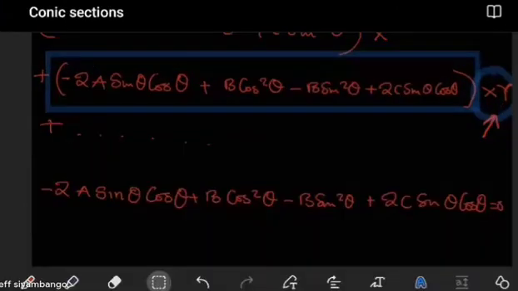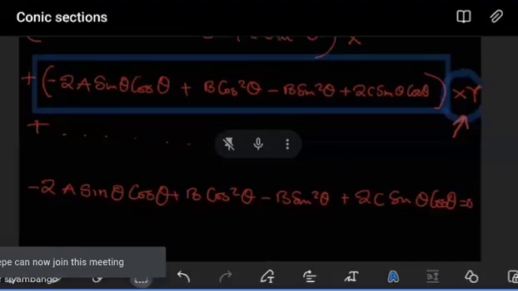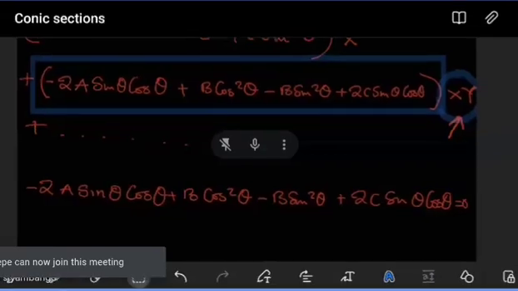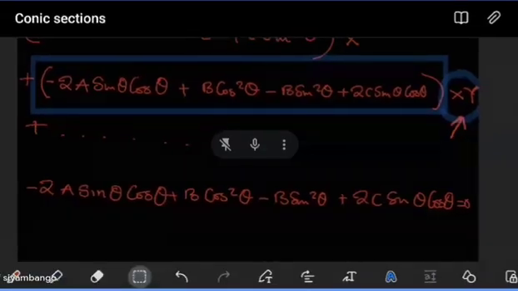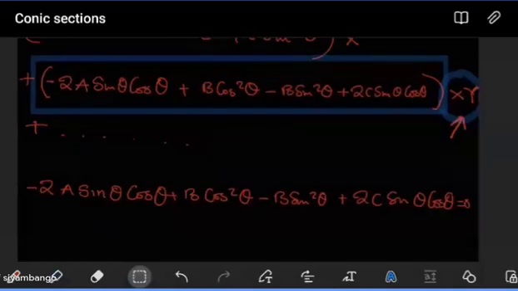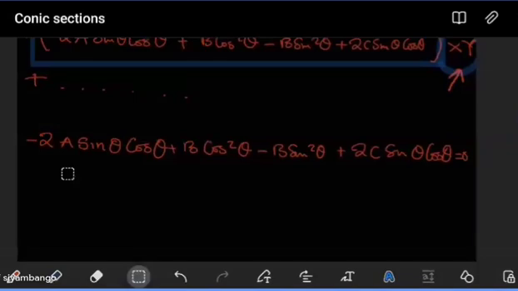Yes. In this case, it is the xy. So the cross product has to be 0. For the cross product to be 0, it means that the coefficient of the xy must be 0. This is the reason why we have equated this to 0. So having done that, all we now need to do is just simplify this.